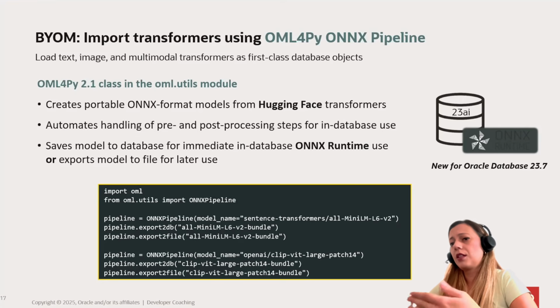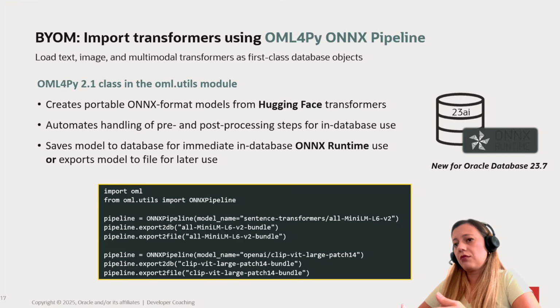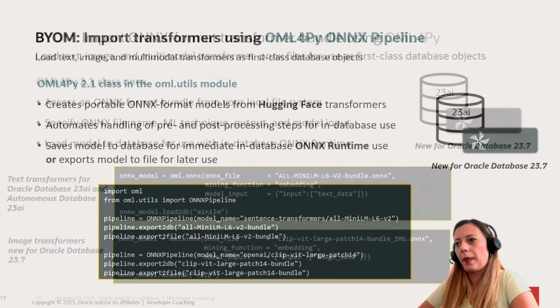And we do exactly the same steps for the other model that we are going to use today, the CLIP. This one is used to get image-text multimodal embeddings. So as you can see, with just a few lines of Python code, we can reuse standard Hugging Face models and run them inside of Oracle AI Database 26ai and get them ready for vector search.